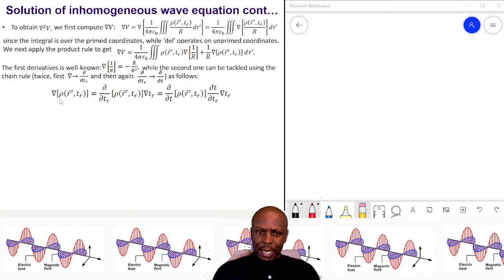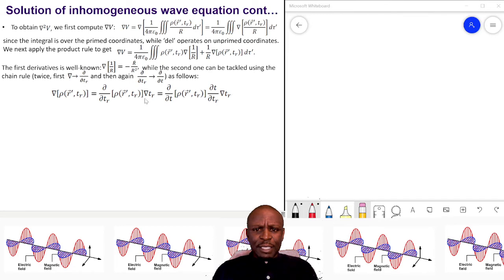Now, you have the charge density there, but I need to take the product rule. I'm also going to take the differential of this t_R. This is what I'm going to have. Whenever I take this, I'm just going to tackle it by taking the chain rule twice.